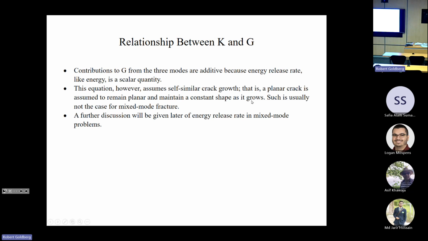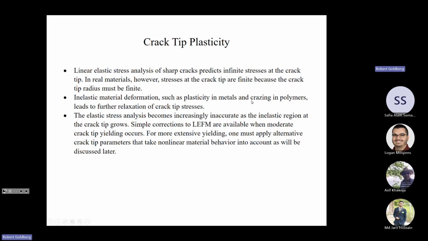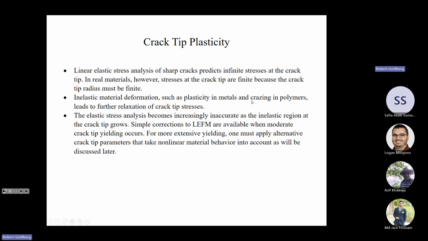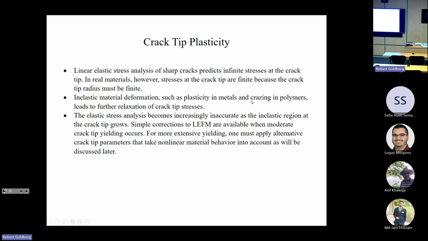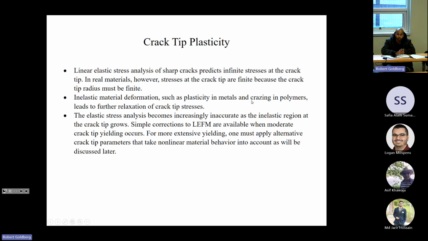Okay, so what we're going to do now is start very cautiously extending our considerations to the world where things aren't totally linear elastic. As we talked about, I believe last week, in linear elastic stress analysis of sharp cracks, because you have that radius in the denominator, you predict infinite stresses at the crack tip.